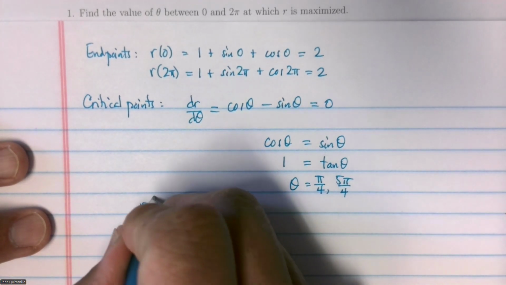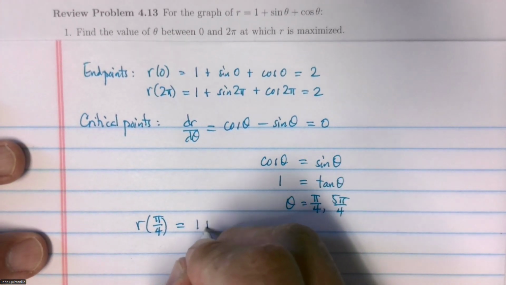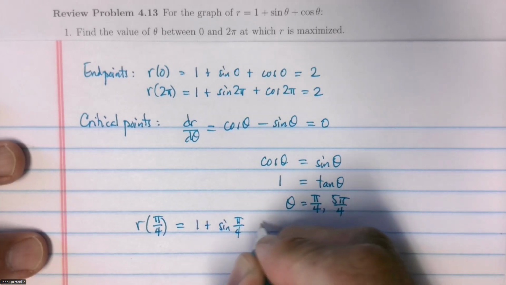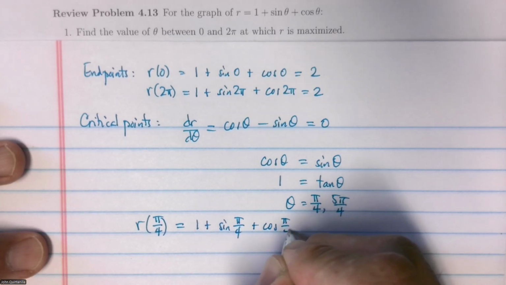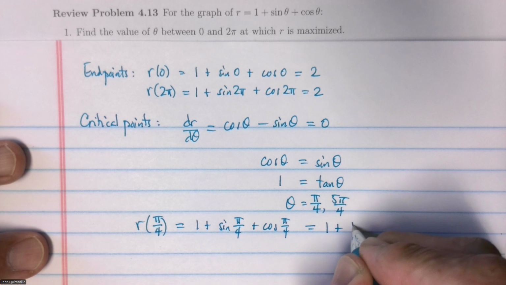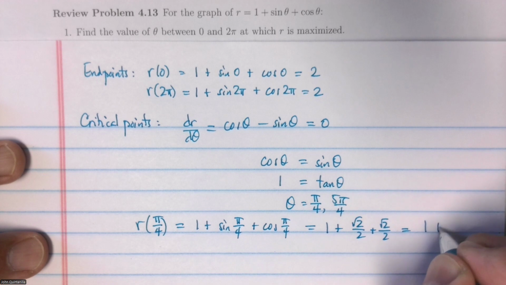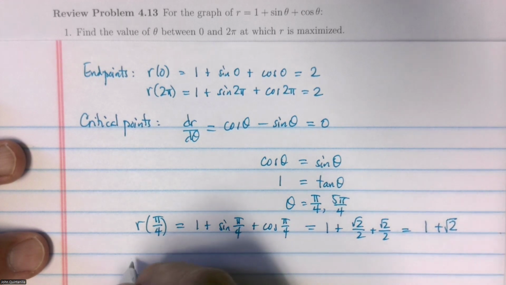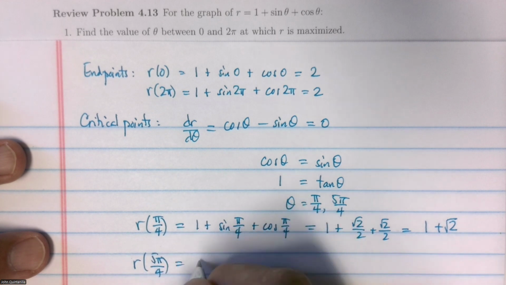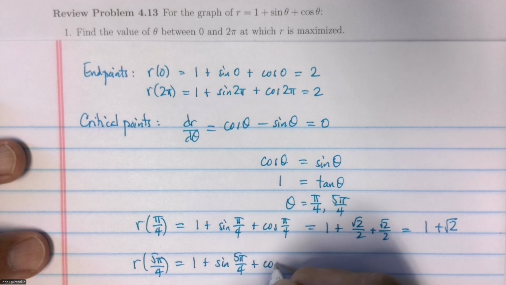r of pi over 4 is going to be equal to 1 plus the sine of pi over 4 plus the cosine of pi over 4. And that is 1 plus the square root of 2 over 2 plus the square root of 2 over 2. So that's 1 plus square root of 2. The other one, r of 5 pi over 4, will be 1 plus the sine of 5 pi over 4 plus the cosine of 5 pi over 4.